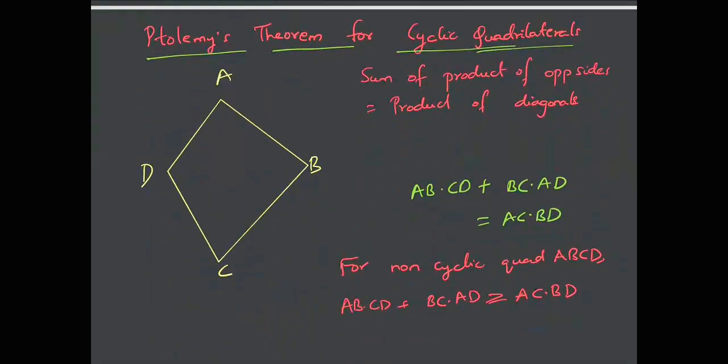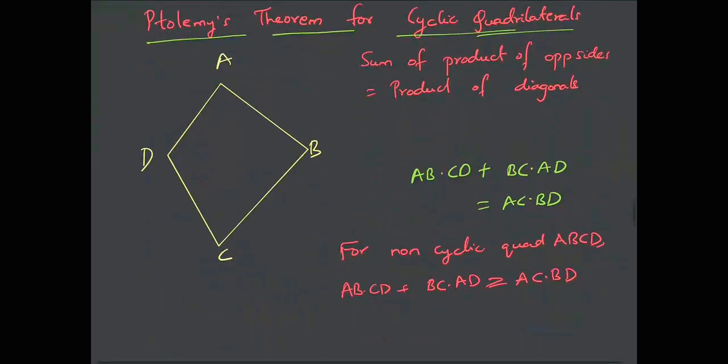So let us discuss Ptolemy's theorem for a cyclic quadrilateral. What this theorem says is, if ABCD is a cyclic quadrilateral, meaning there is a circle which passes through all the 4 vertices of this quadrilateral, then the sum of products of opposite sides is equal to the product of diagonals. Sum of products of opposite sides means what?